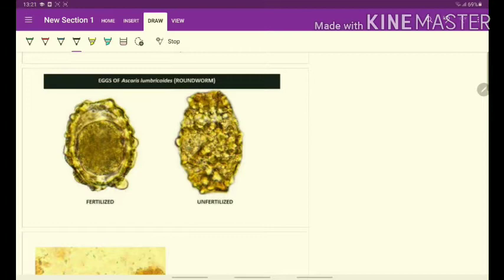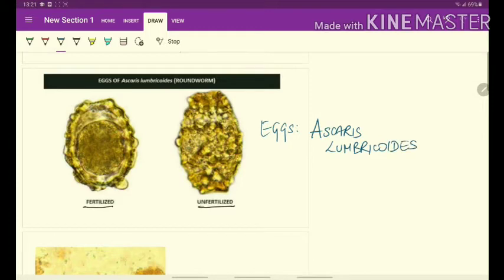This image shows the fertilized and unfertilized eggs of Ascaris lumbricoides. Ascaris lumbricoides is also a nematode, commonly called roundworm.